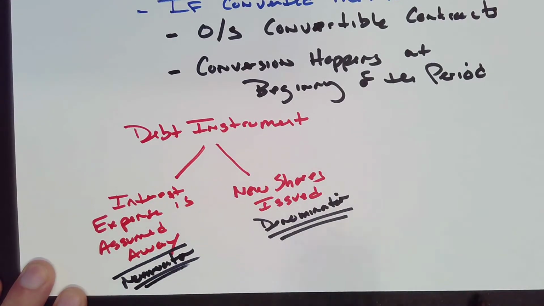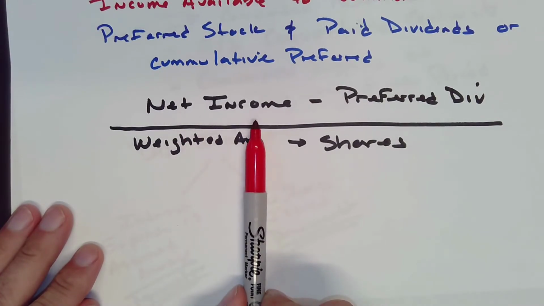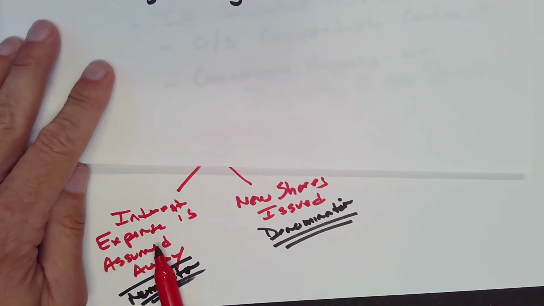I have a denominator effect and I have a numerator effect, because guess what's going to happen here? Net income is going to change because I don't have interest expense. Interest expense goes away.